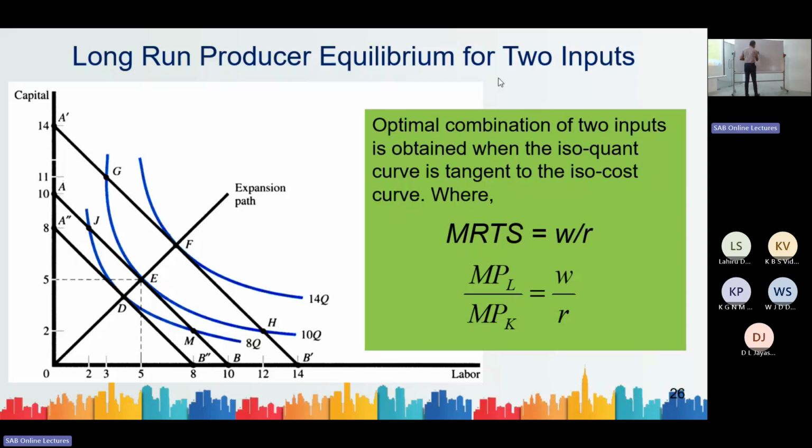When the two curves are tangent to each other, that is the producer equilibrium in the long run.